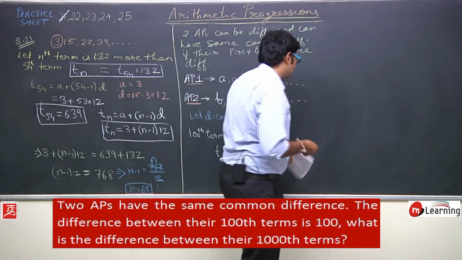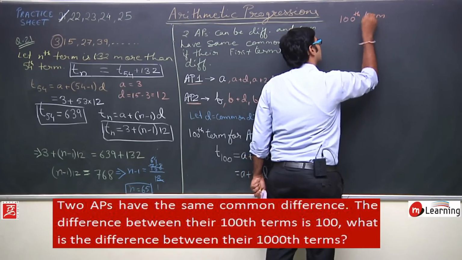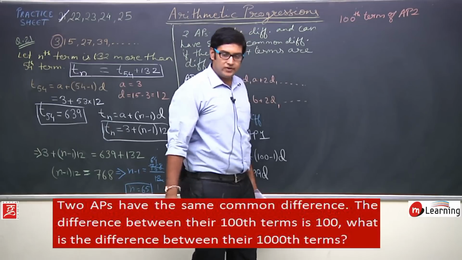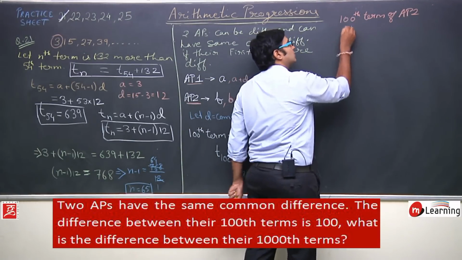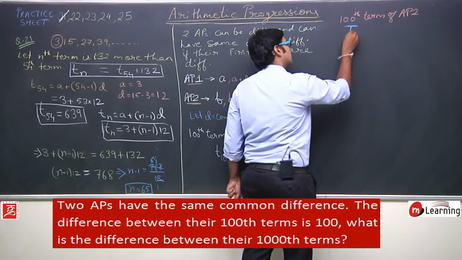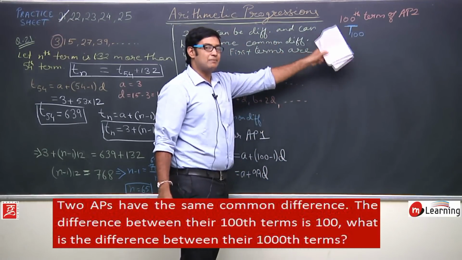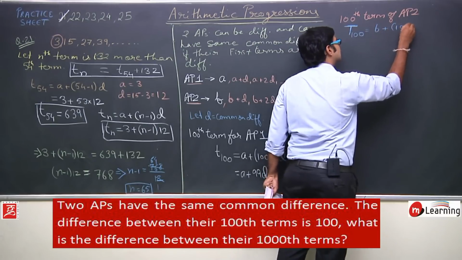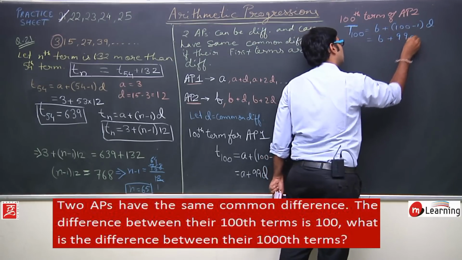Similarly, what is the 100th term of the second AP? The 100th term of AP2, let us write using capital T representation. This is capital T100, equal to B plus (100 minus 1) into D, which is equal to B plus 99D.